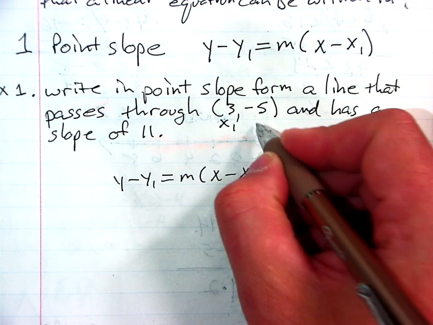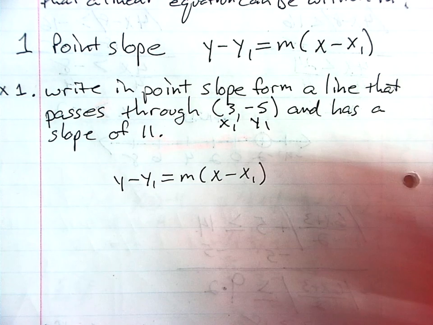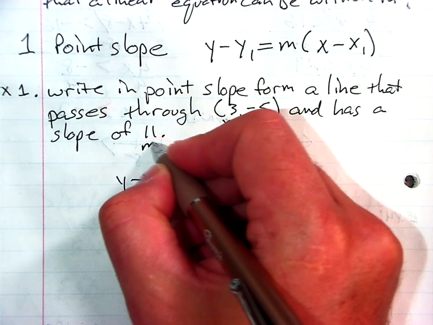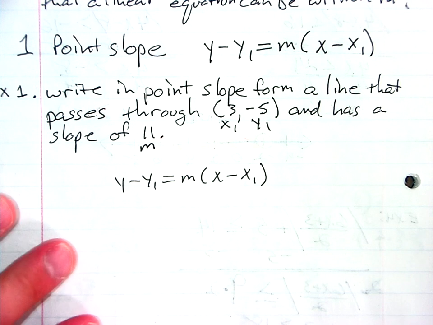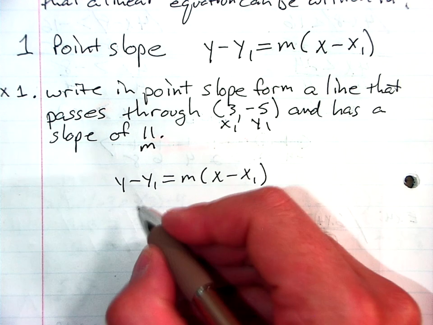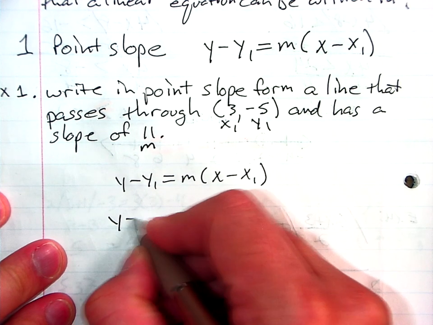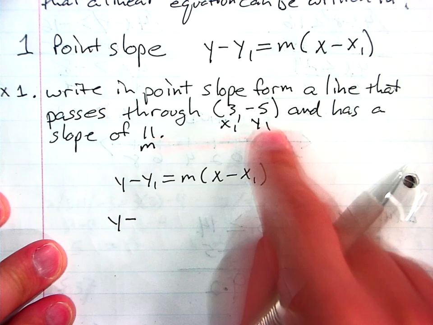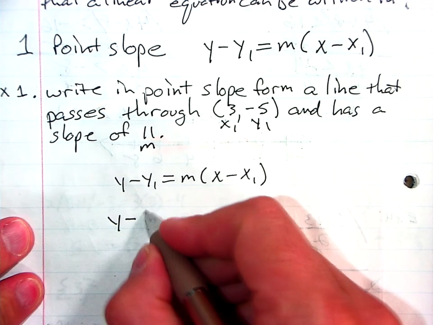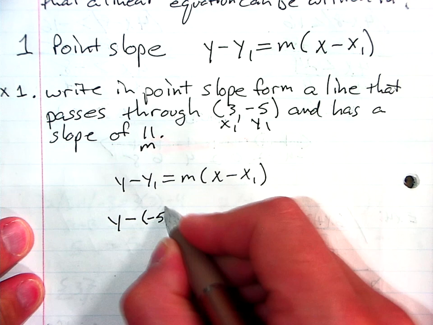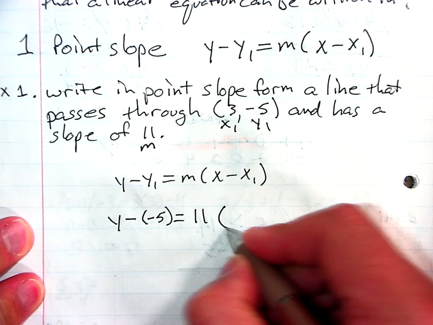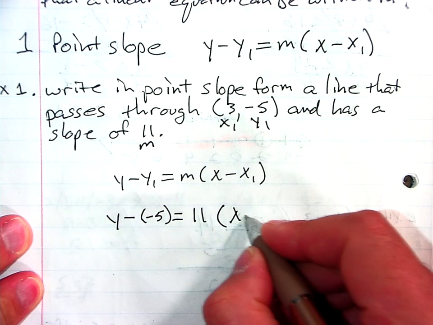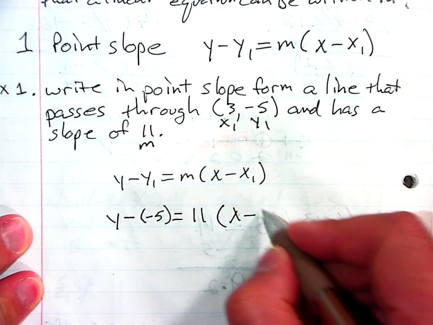That is x1, that is y1, and the 11 is my slope, also known as m. And all we're going to do now is substitute in. y minus y1. What's y1? -5. Equals my slope, 11, times x minus x1, which is 3.